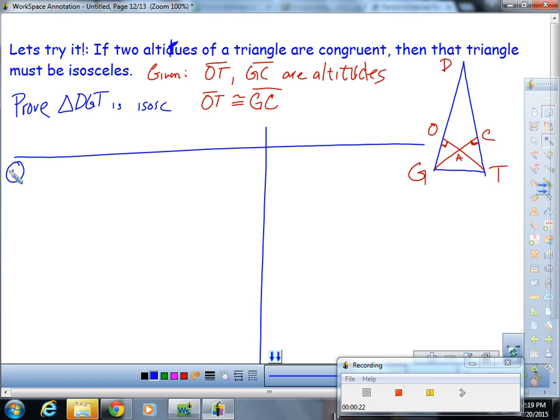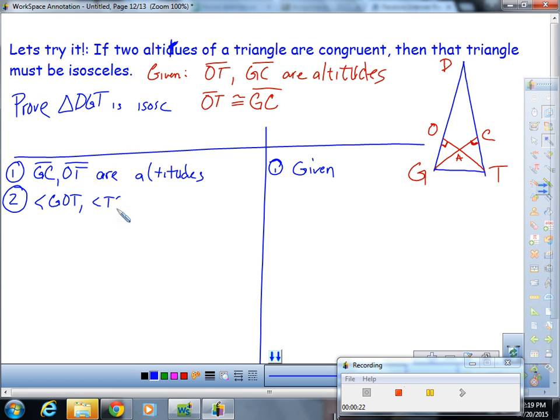All right, so we're going to start with GC and OT are altitudes. Okay, and that's going to allow us to know that angle GOT and angle TCG are right angles.